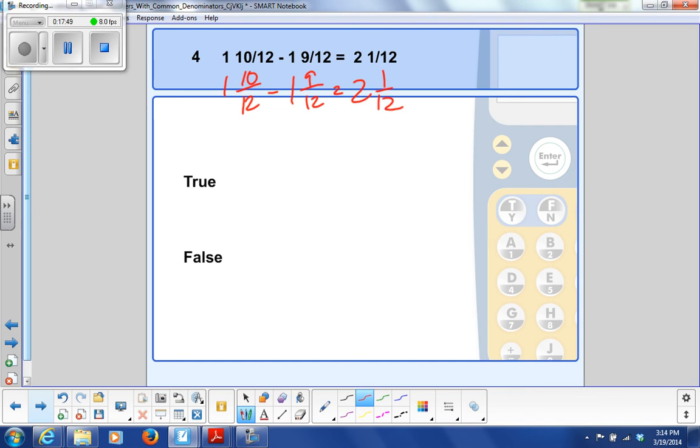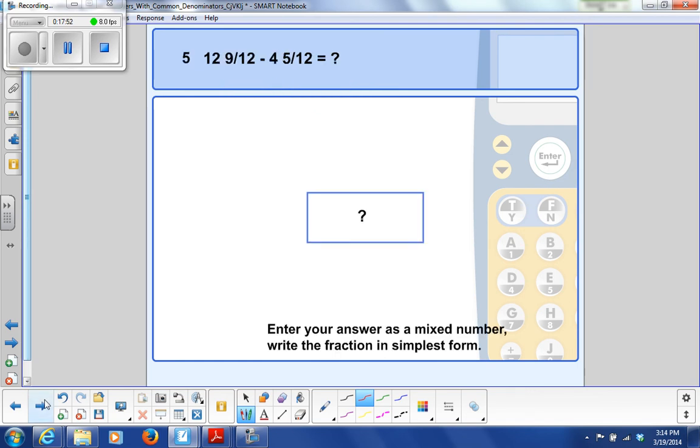True or false? Okay, 12 and 9/12 minus 4 and 5/12 equals what? Okay, don't forget down here, enter your answer as a mixed number and write the fraction in simplest form.